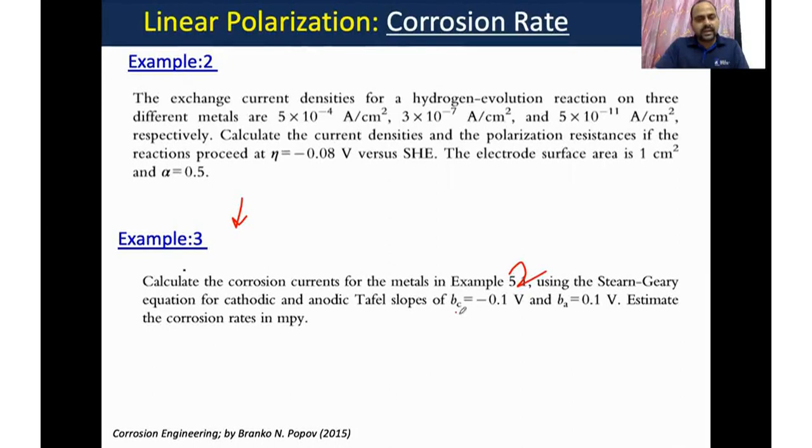Let's say we have two samples, sample A and B. If sample B has a higher, more positive value of OCP as compared to sample A, then B has a lesser chance to get corroded, or the corrosion rate will be lesser in the case of sample B. So here we just measure the open circuit potential of different metals. You can make a list and get an idea which metal is going to corrode faster.